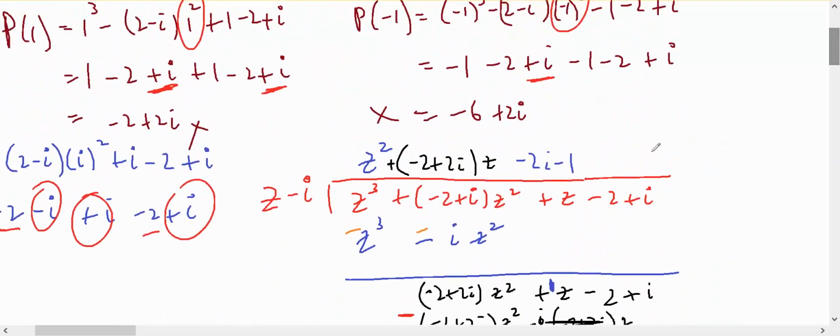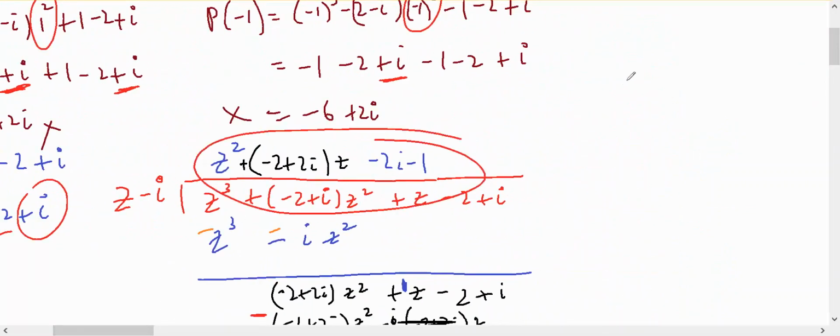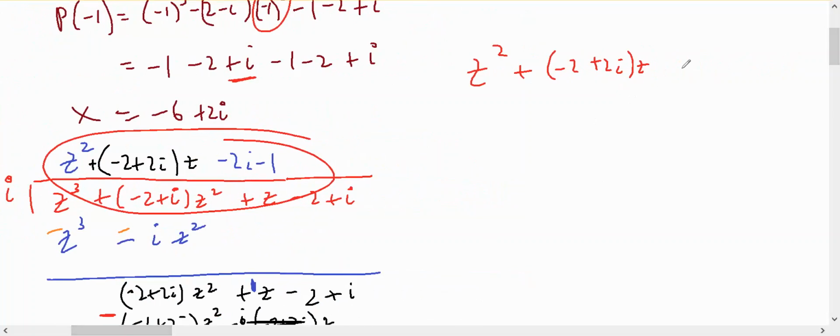Okay, so what have I got? I've got to factorise this now: z squared plus minus 2 plus 2i z minus 2i minus 1. I'm going to try and crisscross it first. Two things are multiplied to give this.